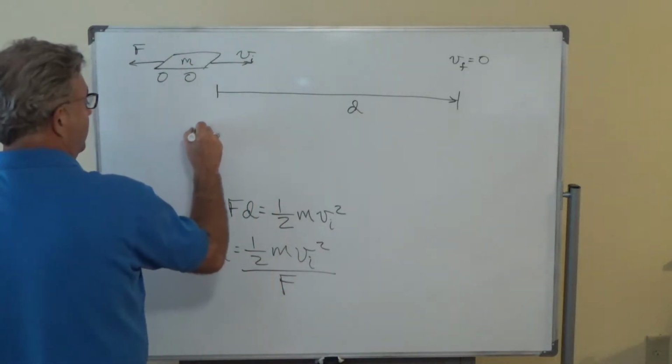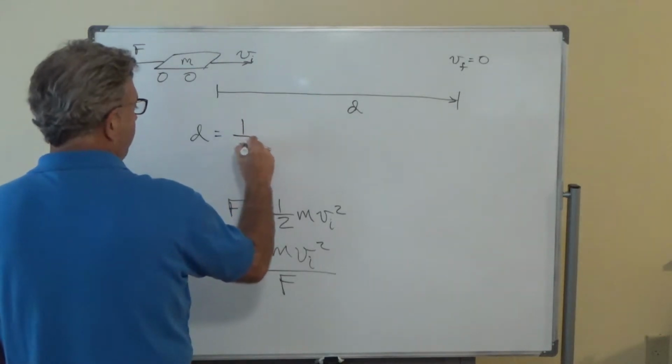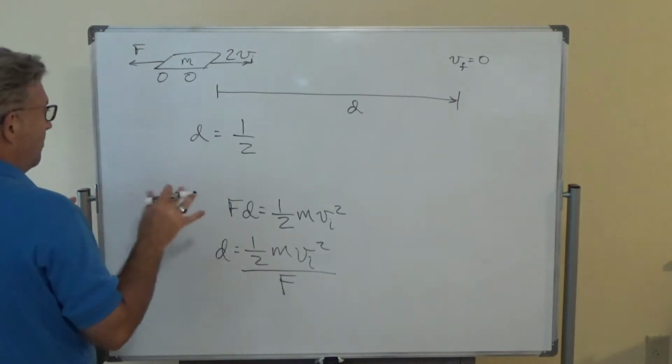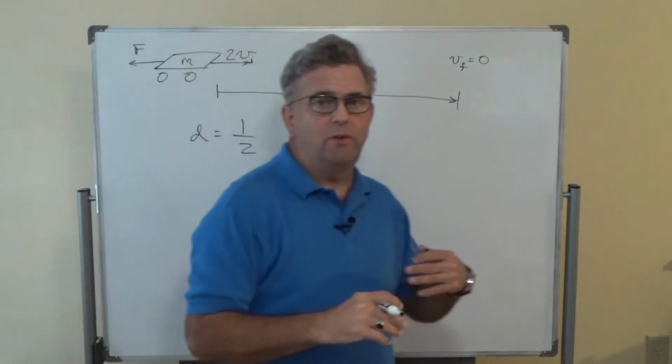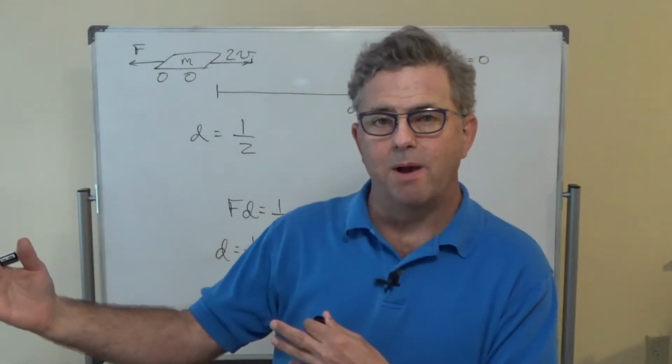It's pretty easy to calculate. Now I have d is equal to 1/2. So I'm doubling the initial velocity, whatever that was. Say the initial velocity was 40 miles an hour. Now I'm doubling it to 80 miles an hour.